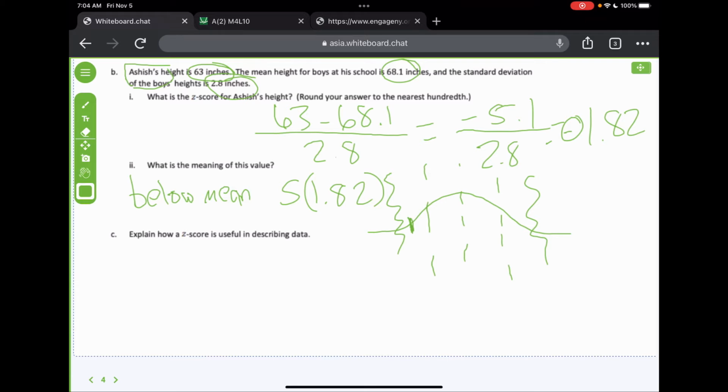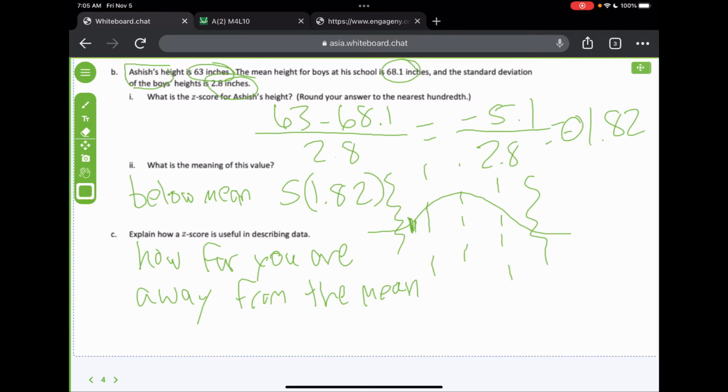Okay. So, explain how a z-score is useful in describing data. Well, a z-score tells you how far you are away from the mean. We're a long ways off the mean if we're all the way up to 2.